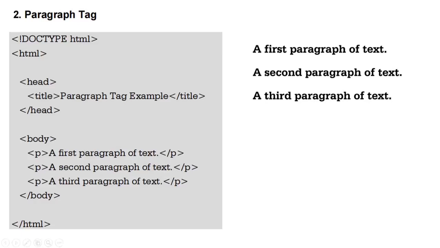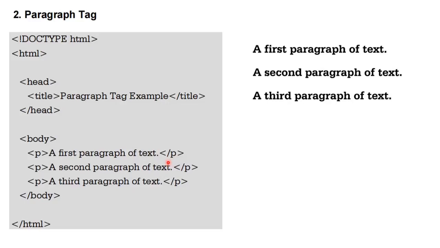This is your paragraph tag, this P and this P. Within the paragraph tag, your content looks legible when you want to include other content, and also when you want to differentiate a particular content from the rest of your web page content.